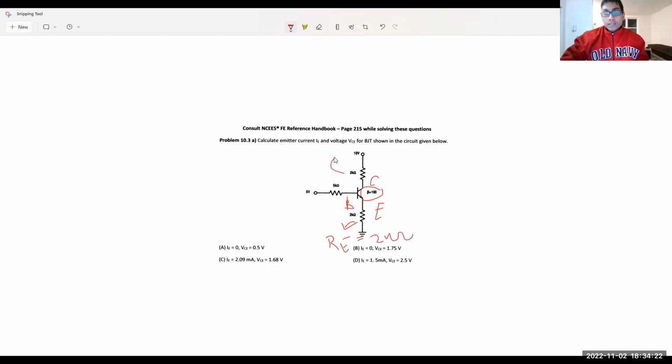Your RC, because it's connected to the collector end, I'm calling 2 kilo ohm as well. You have a DC voltage over here, another DC voltage over here, so you don't have to worry about AC signal analysis. All they're asking you is how much is the voltage across this one, and how much is my IE?